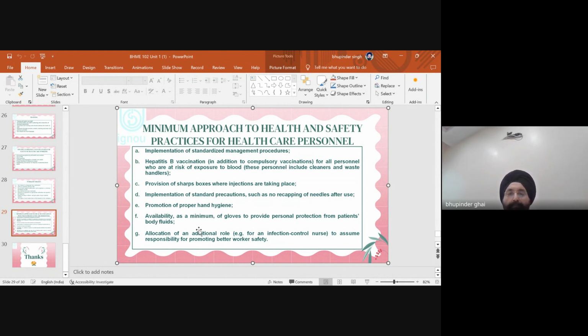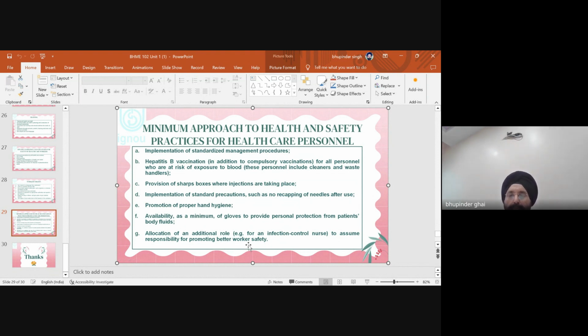Availability of a minimum of gloves to provide personal protection from patient and body fluid. That means when a person is working with a patient, he should be provided with gloves so that he can wear them while examining or handling the patient. Allocation of an additional role, that is for an infection control nurse to assume responsibility for promoting better workers' safety.